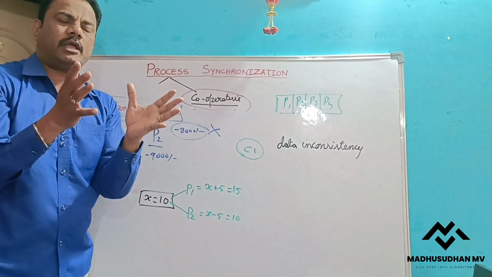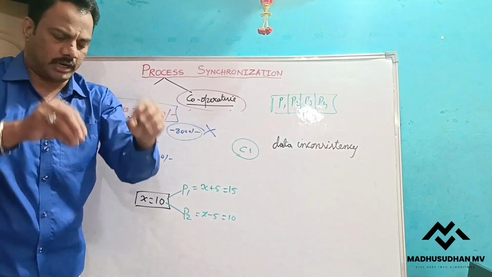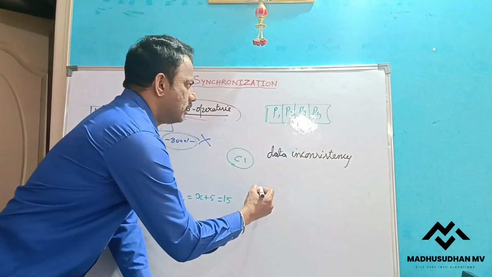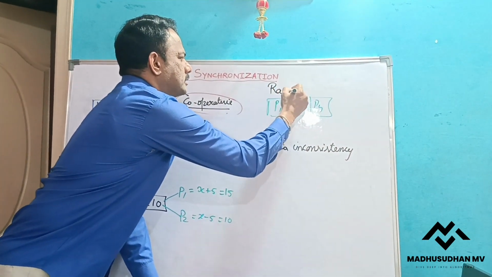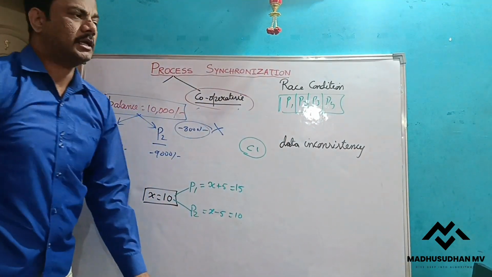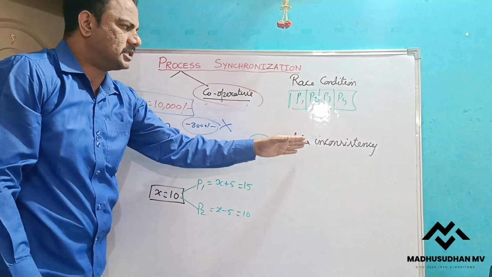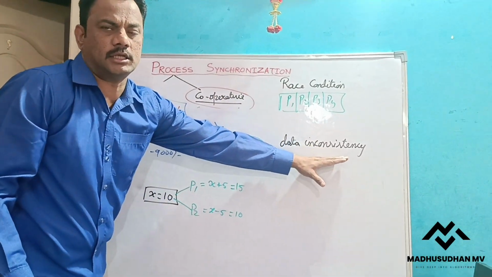So the condition where two or more processes enter into the shared region, that condition we call a race condition. So this is the problem of race condition. The race condition results in data inconsistency.